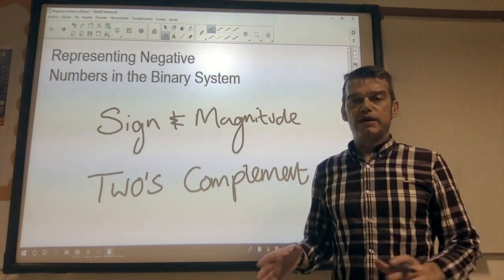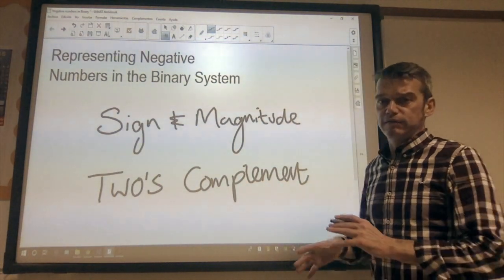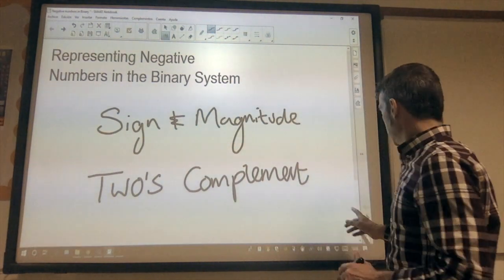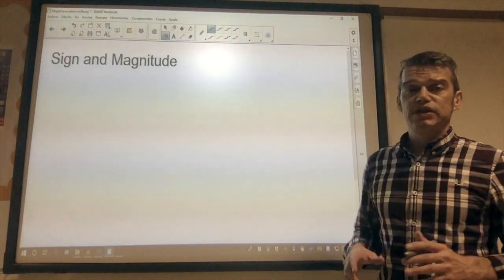Those are the two methods that we're going to be looking at. We'll look at the advantages and disadvantages of each one. So, moving on to sign and magnitude.